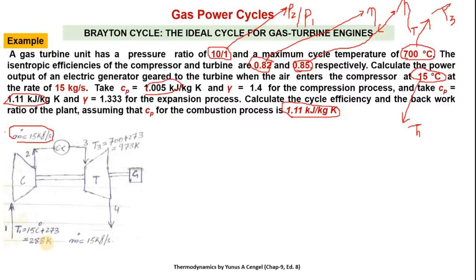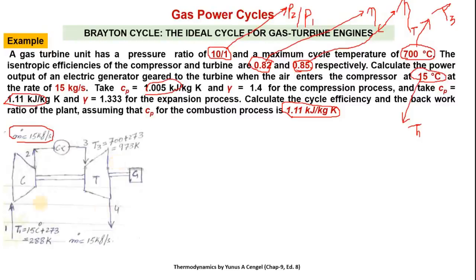T2 is not known, T3 is the given maximum possible temperature, which is 700 degrees Celsius, in Kelvin it is 973. So points 1, 2, 2 to 3, 3 to 4, it's all clear. The turbine is connected to a generator, and the turbine is also connected to the compressor.